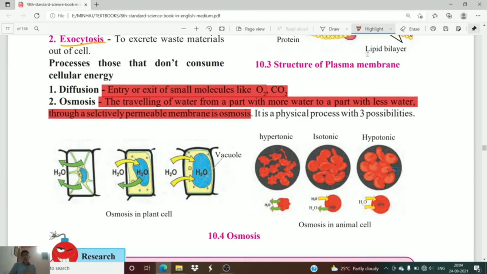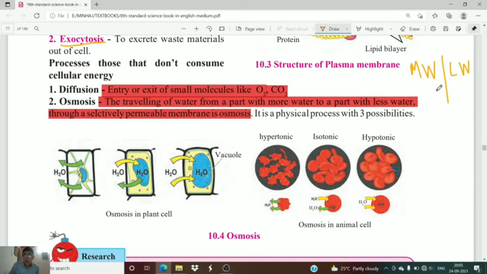Suppose on this side more water is there, and on this side less water is there, and between these two solutions we will find a membrane. This membrane is a permeable membrane. Permeable membrane means that it will allow some type of liquid to flow within it or through it.